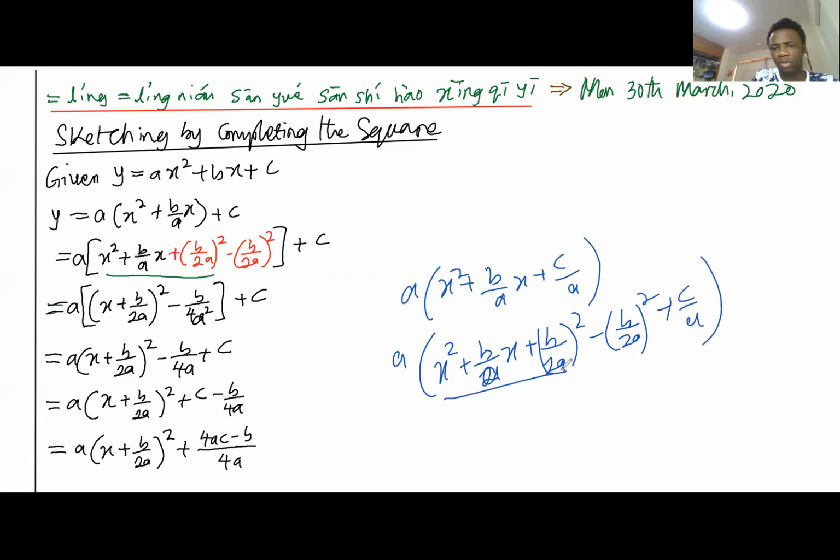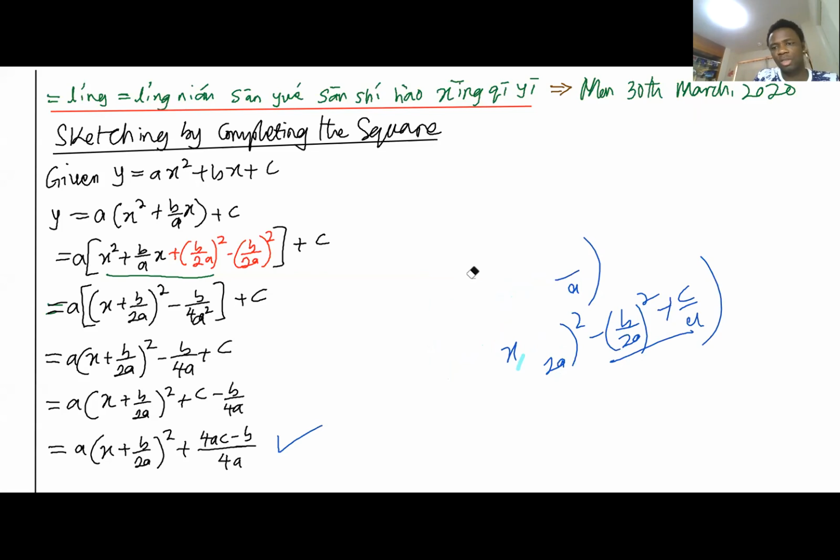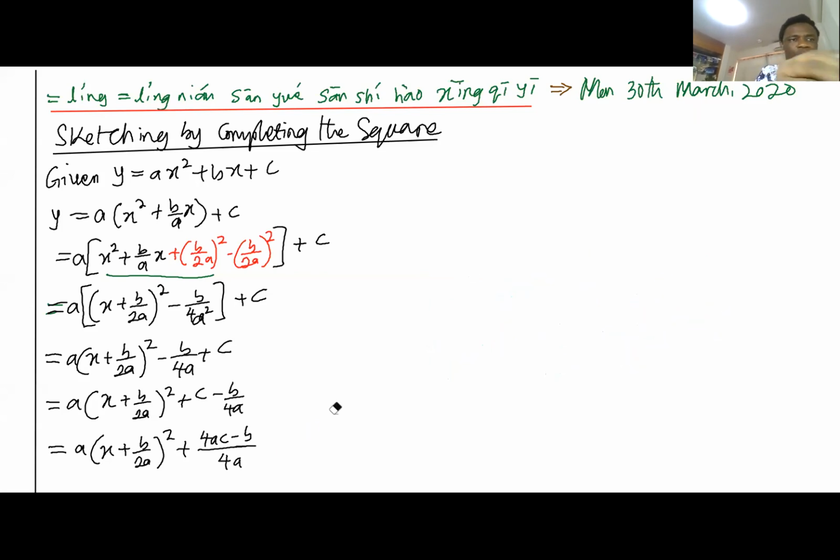After doing this and combining, then you open again with a, and you still end up getting this. So it's basically the same thing. It's just that here we added after we opened the bracket. The addition would have been done, then the multiplication comes last. Okay, so let's just stick to this, because on average that's what everybody would normally do, so I don't want to change the pattern.